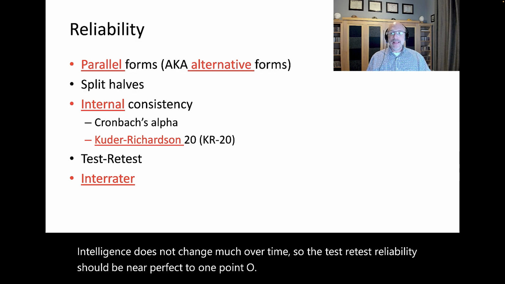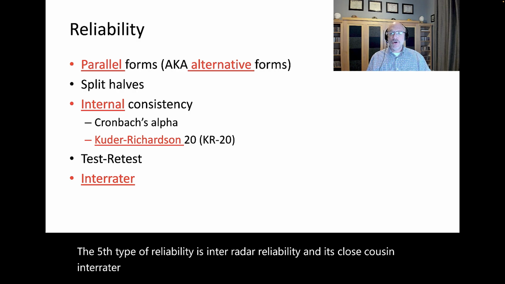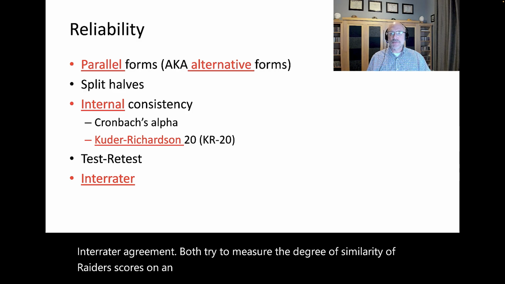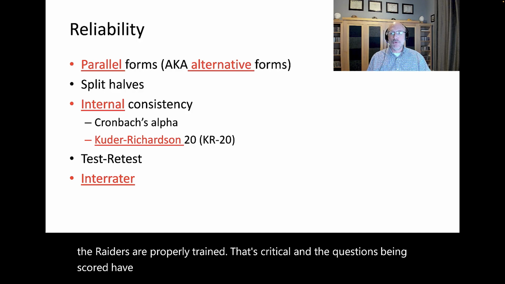The fifth type of reliability is inter-rater reliability and its close cousin inter-rater agreement. Both try to measure the degree of similarity of raters' scores on an applicant's answers to questions. It should be high if the raters are properly trained, that's critical, and the questions being scored have a proper scoring rubric, that's critical too.